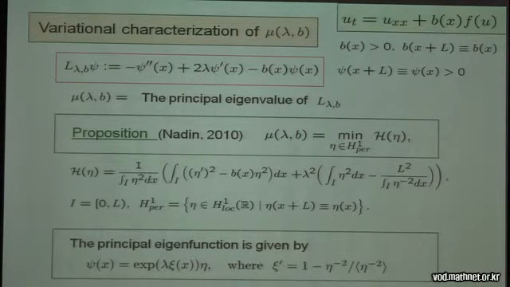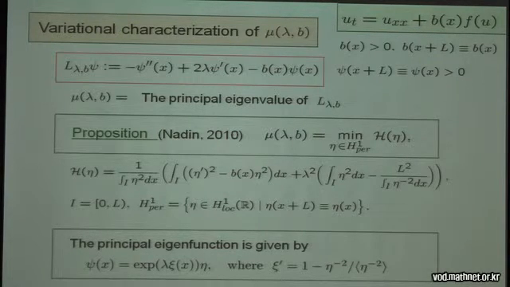I don't prove it here, but anyone, if you want, I can send you Nadan's original formula, which is written slightly in a different manner, but I can send you my paper in which this is proved in one page. It's not difficult.